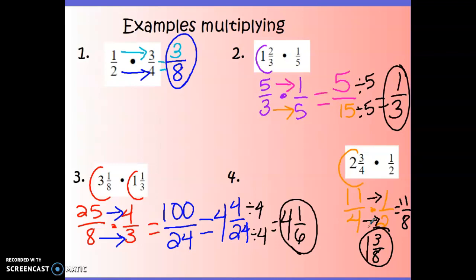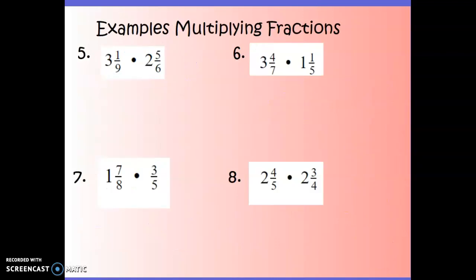Okay, here's our next problem. 3 1/9 times 2 5/6. First step, I'm going to convert to improper fractions. So I get 28/9 times 17/6.